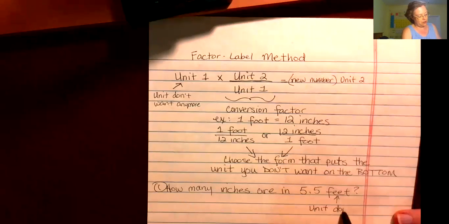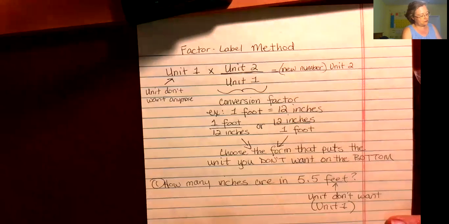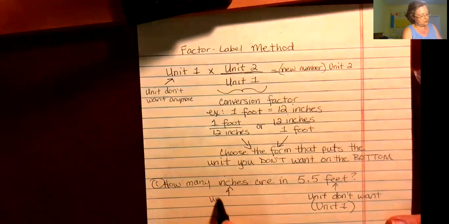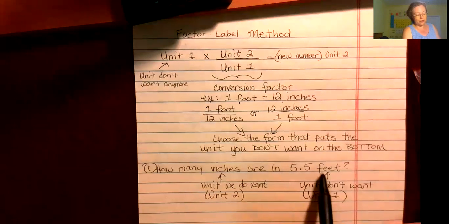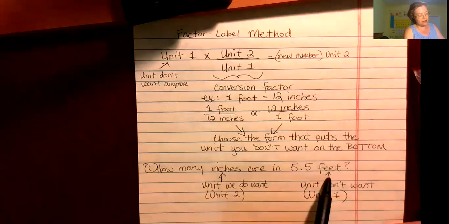So we're going to call that unit number 1. And this is the unit we do want. So this is going to be unit number 2. And the way this one works, you always start with the number and the unit that you don't want anymore, the one that was given in the problem. In that case, it would be starting with 5.5 feet.